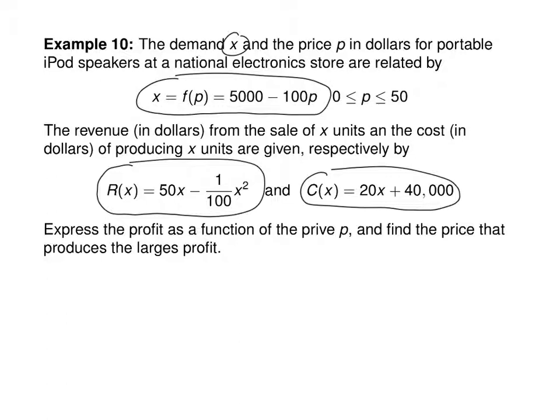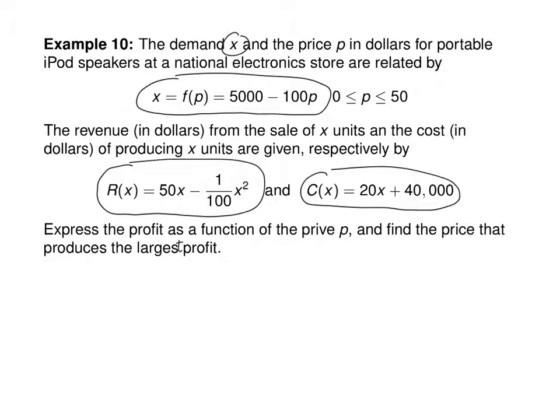So express the profit as a function of the price P and find the price that produces the largest profit. So if revenue is how much money is in your drawer at the end of the day and cost is how much you're spending, how would you figure out profit?